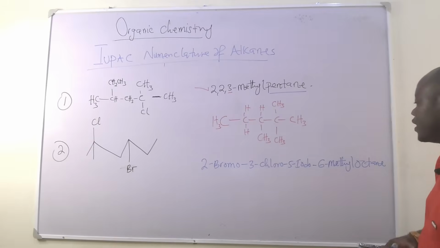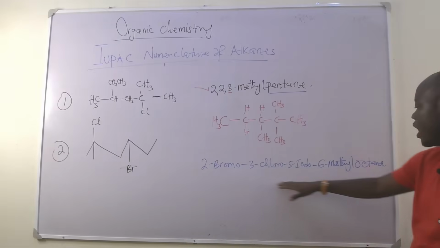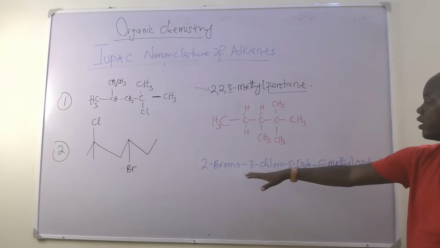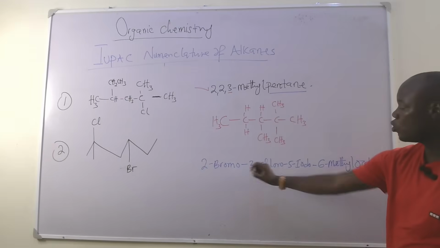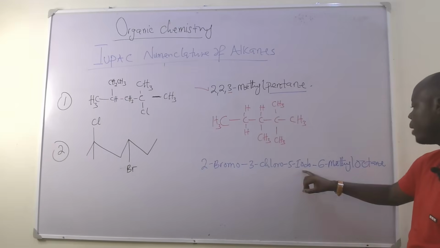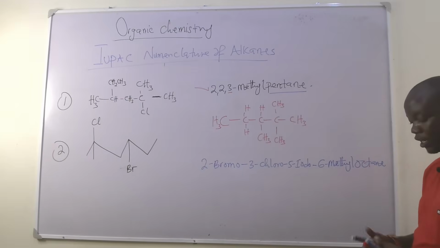So you see, in this case, we have 4 substituents. We have bromo, we have chloro, we have iodo, and we have methyl.